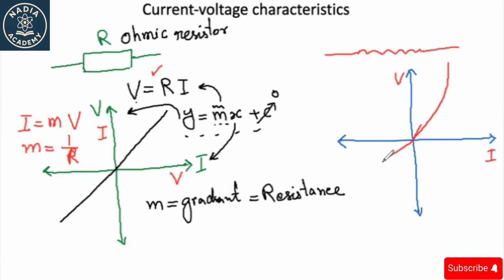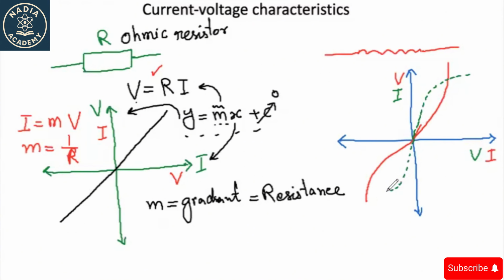The same behavior will happen the other way around. If we say the y-axis is the current and the x-axis is the voltage, then you will see a behavior like this.